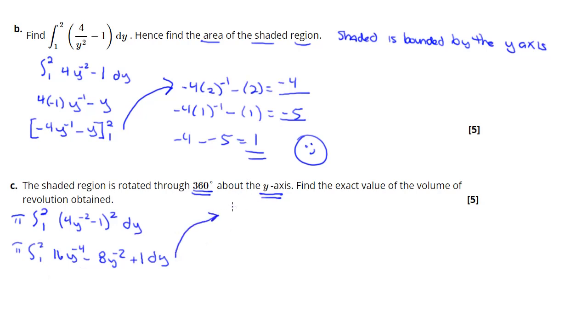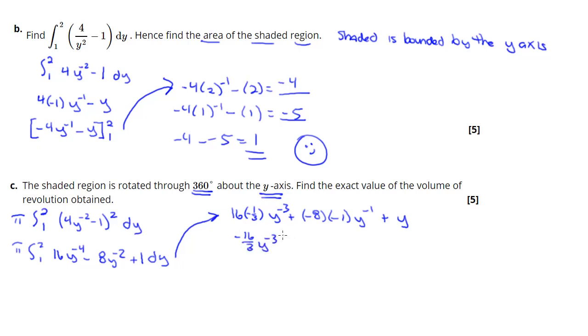So now all I can do is integrate, and I write 16. I give a gap, y. I'm going to raise the -4 to a -3, multiply by a -1/3. And then I'm going to do the same thing here, -8, leave a gap. I'm going to raise the -2 to a -1, so I'm going to multiply by -1, and then that's going to be a y.